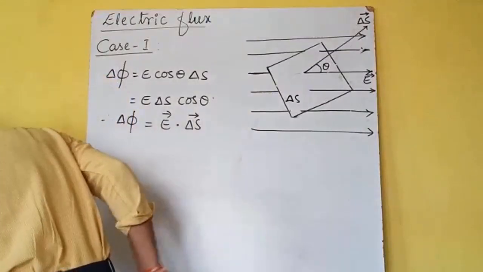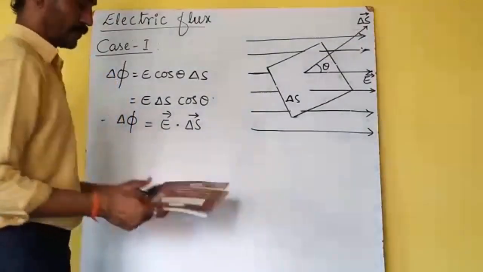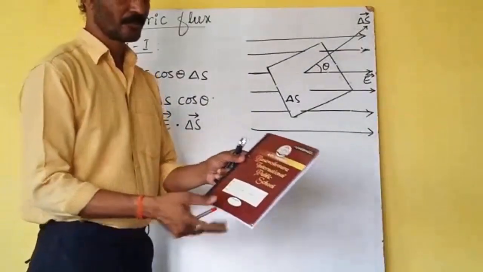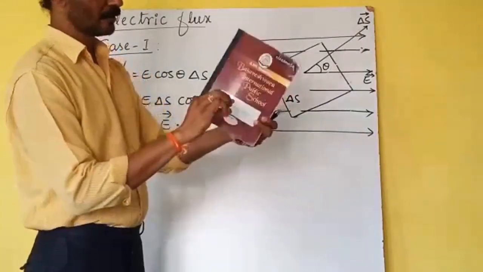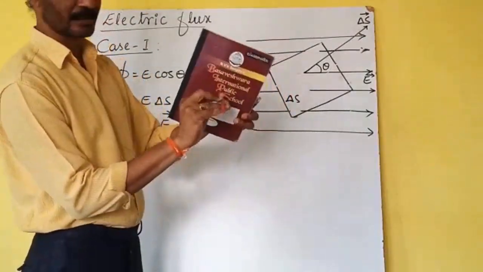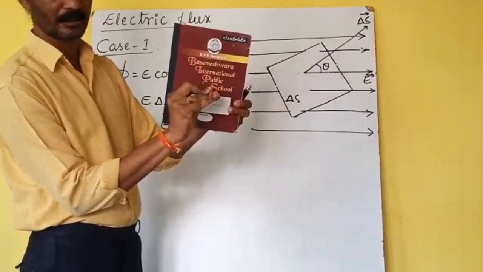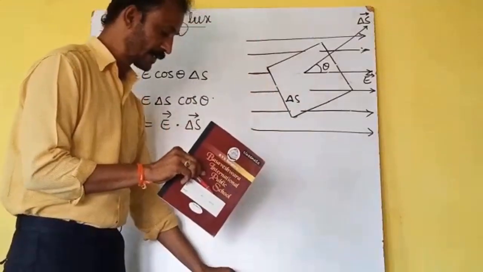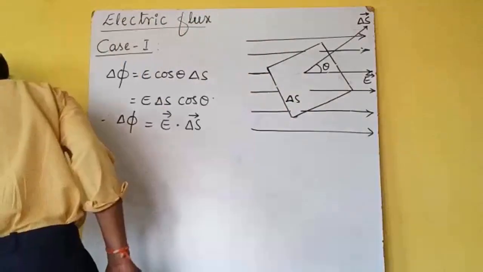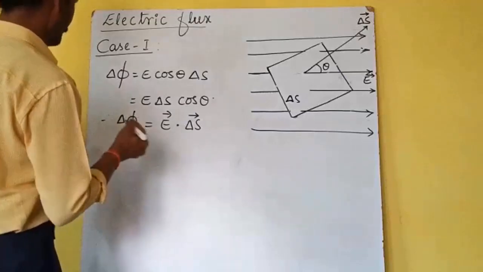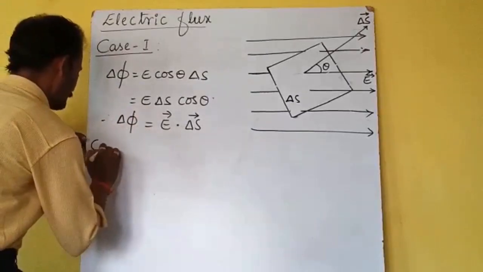See, example. Consider this surface. So this is the direction of the electric field. Consider this red pen as the direction. Case 2.